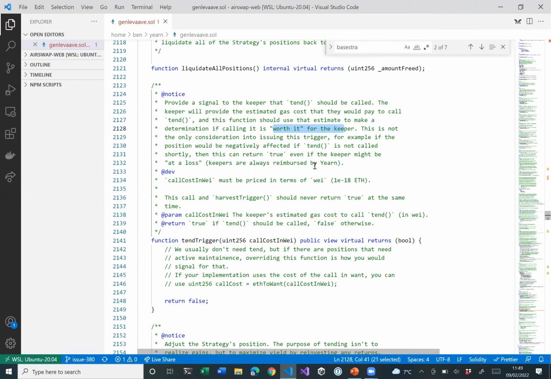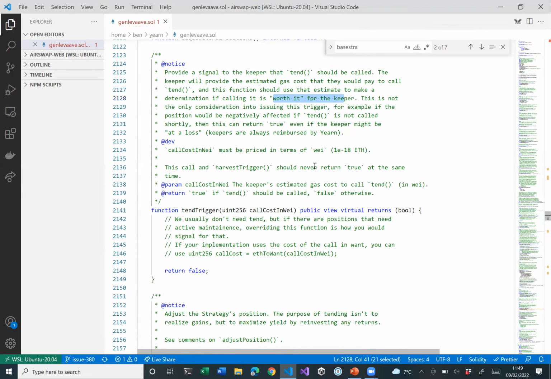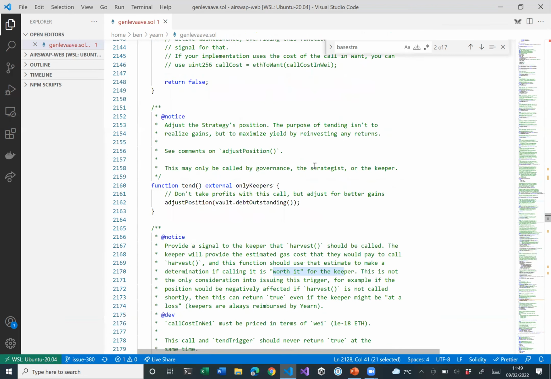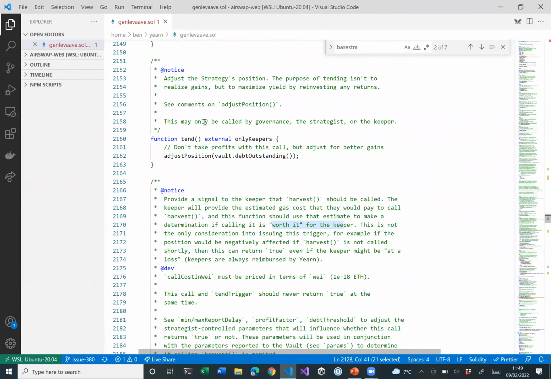For example, if the position would be negatively affected if tend is not called, then this can return true even if the keeper might be at a loss. So tend calls the adjust position that we looked at earlier.